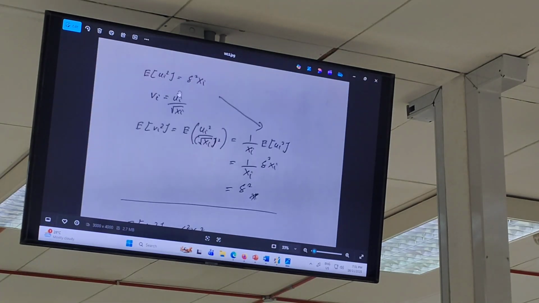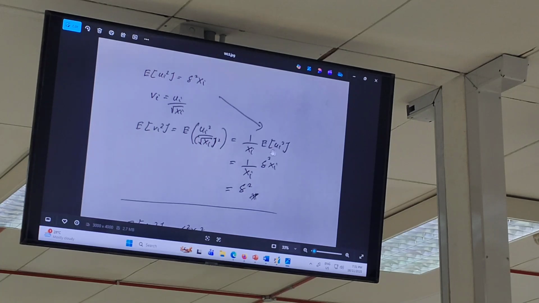We know that the error variance, sigma squared xi, is proportional to x. After we use the square root transformation, the new error in the new equation is this. The variance of this is just this squared, so you take out 1 over xi.